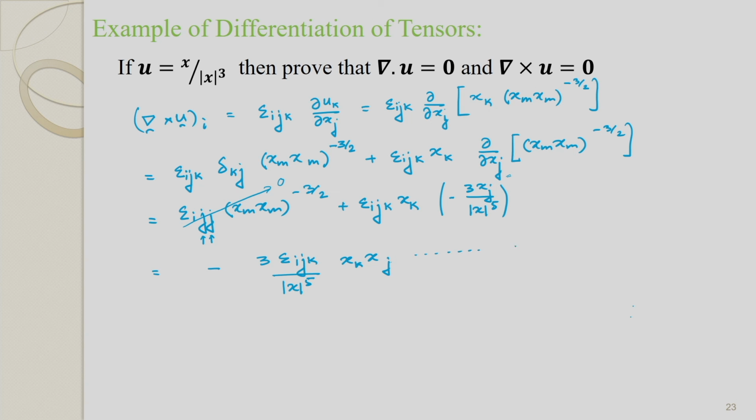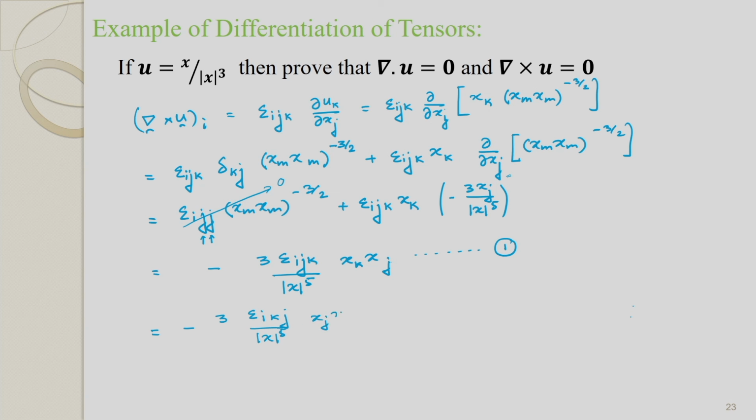Let me write this step as step 1. Now in the next step we interchange dummy index k with dummy index j, which is allowed.